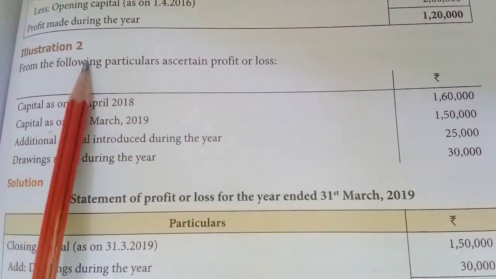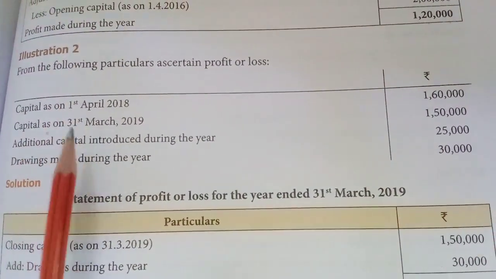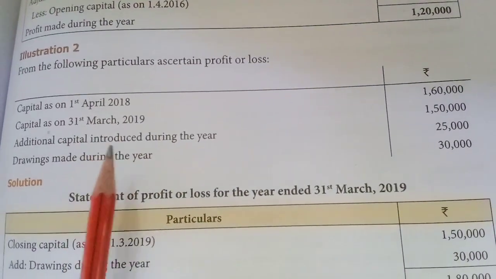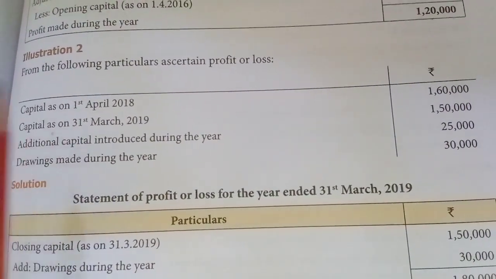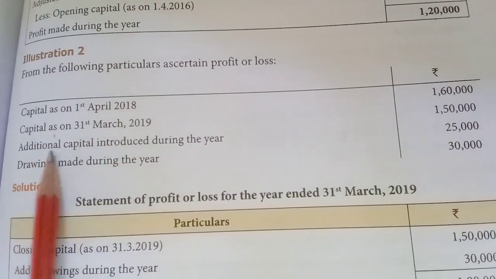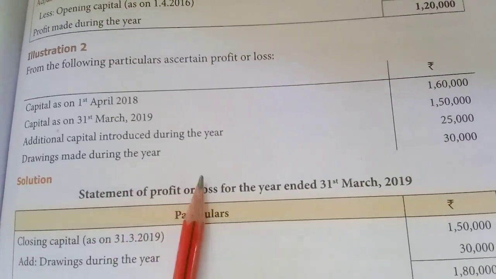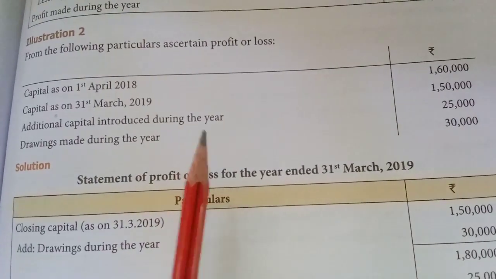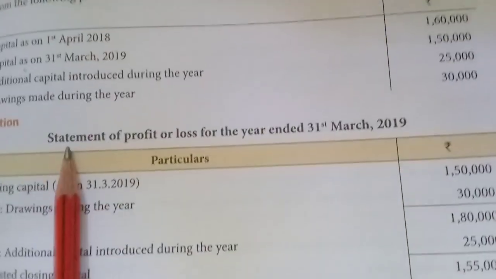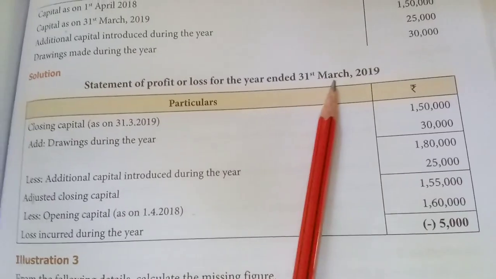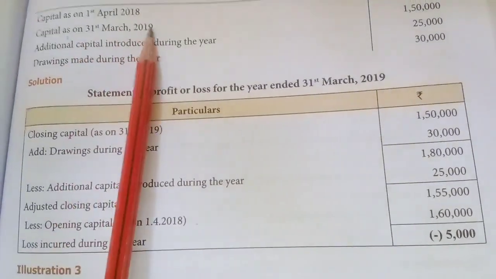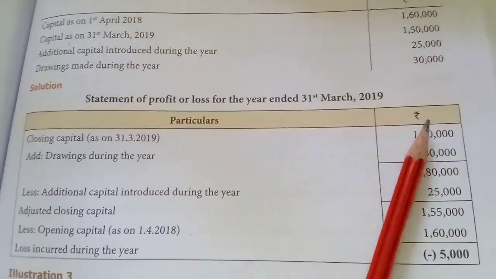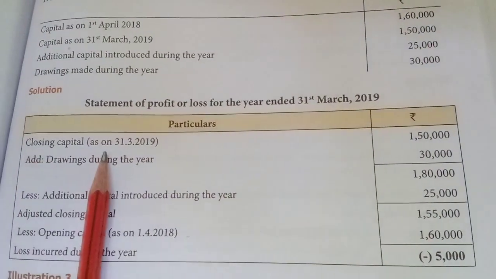In this second illustration, they have asked for the profit or loss. The same thing. Opening capital, closing capital, additional capital, drawings given, either profit or loss. When we do it, we will come to know whether it is profit or loss. The same thing, statement of profit or loss for the year ended 31st March 2019. Particulars, rupees, closing capital.